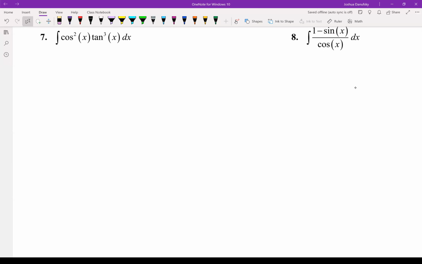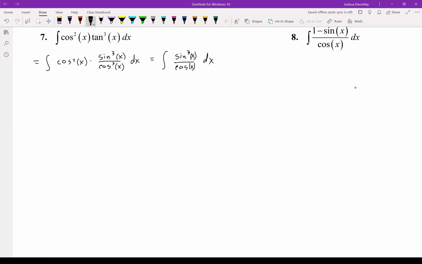Number 7, we've got cosine squared and tan cubed. Let's go ahead and first rewrite our tangent in terms of sines and cosines. Of course, we can cancel. So we end up with sine cubed x in the numerator over just a single cosine x in the denominator.